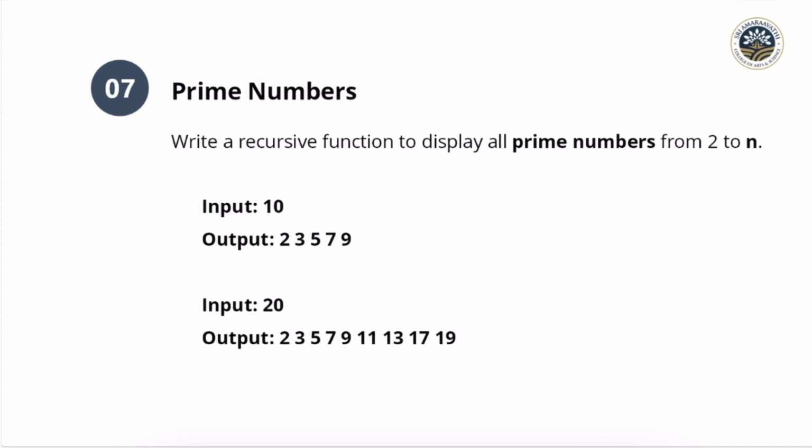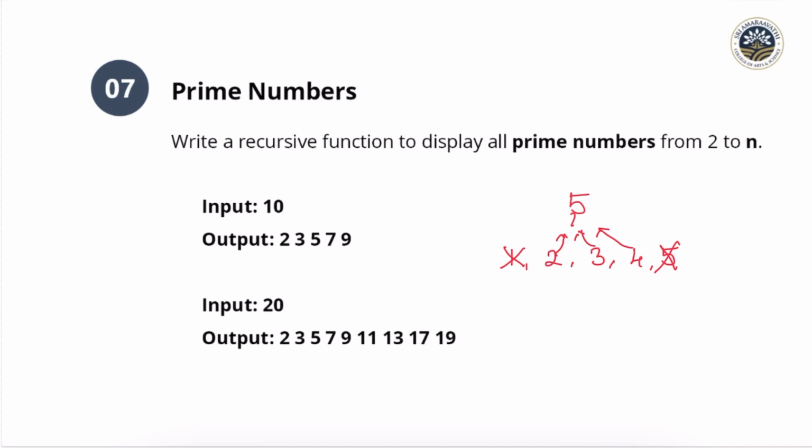If you take 5, it is a prime number. Why? Because 1, 2, 3, 4, 5. If you see all these numbers, you just strike out 1 and 5. If these numbers divide 5 and give the remainder as 0, then 5 is not a prime number.